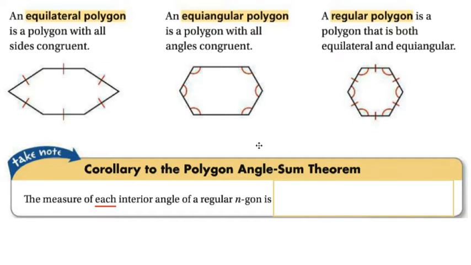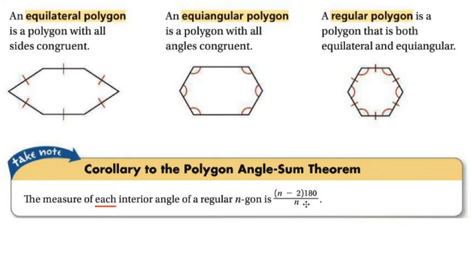So here's a corollary for our polygon angle sum theorem, and this says if we want to know the measure of each interior angle individually in a regular n-gon, what we're going to do is take that formula that we just had, n minus 2 times 180, that's the sum of the interior angles, and divide it by n, the number of sides. And that should make sense to you.